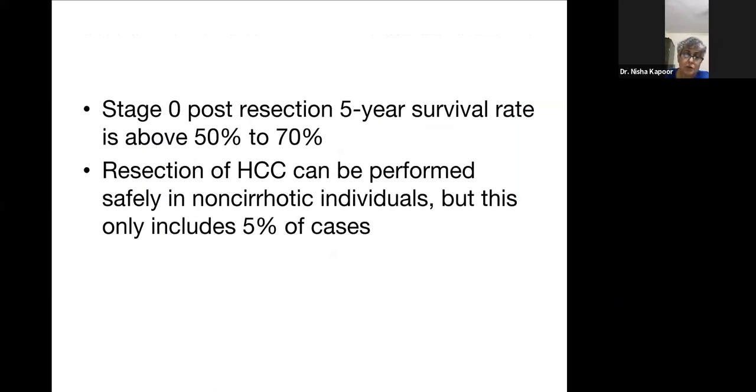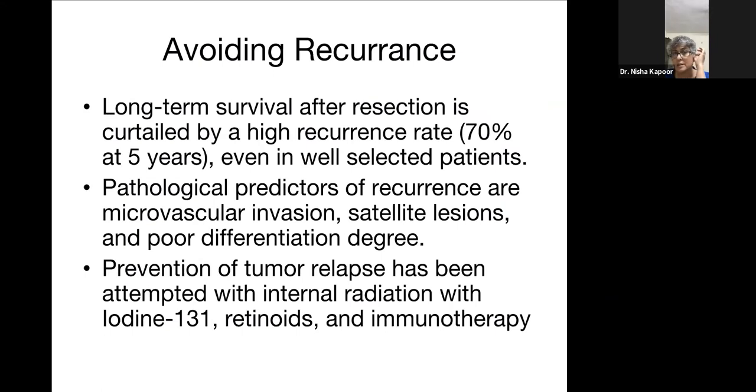However, the number of patients who have HCC and are not cirrhotic is really just about 5% of the overall caseload of HCC. And how can we avoid recurrence post-resection? Now, long-term survival after resection is curtailed by a high recurrence rate, 70% at 5 years, even when we select our patients pretty well.